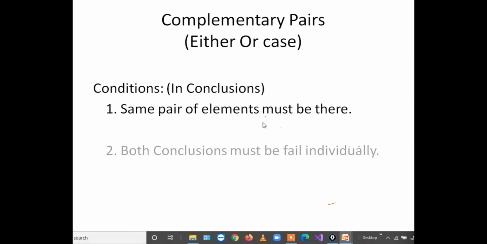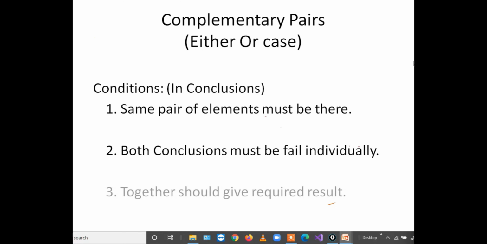In conclusions, first condition is same pair of elements must be there. Suppose there are three conclusions with the AB, AC, and BA. So these two can be complementary pairs according to this point.